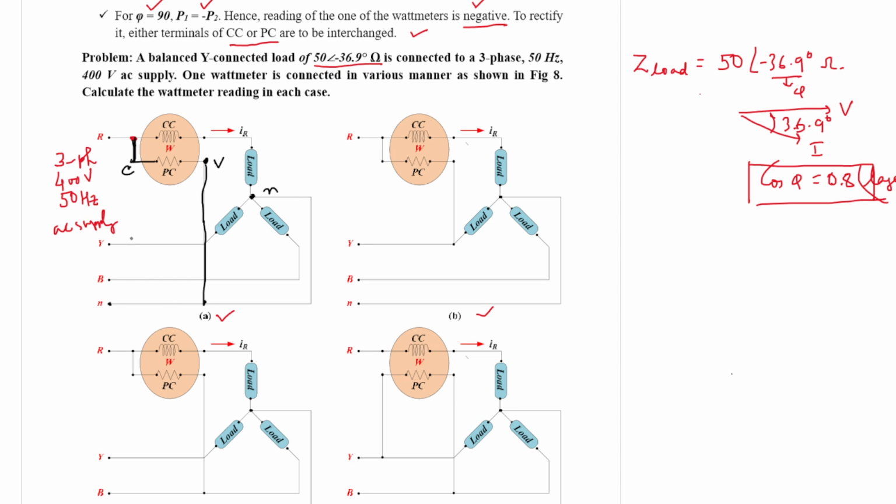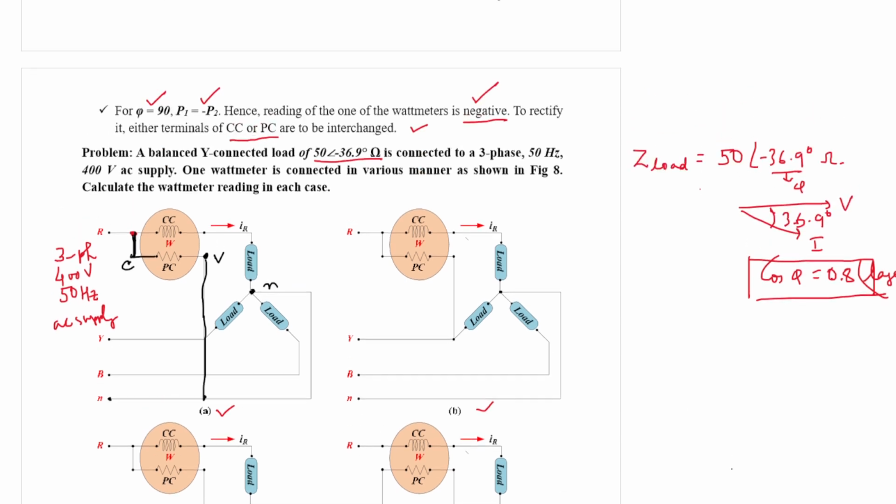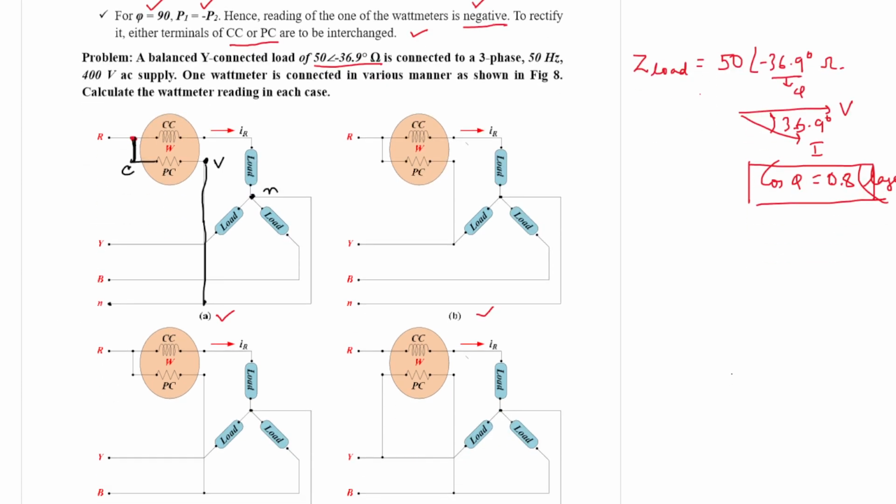So for sub figure A, the wattmeter measures IR through its current coil, and through the pressure coil it measures only VR. It is VRN or VR, it is the same.